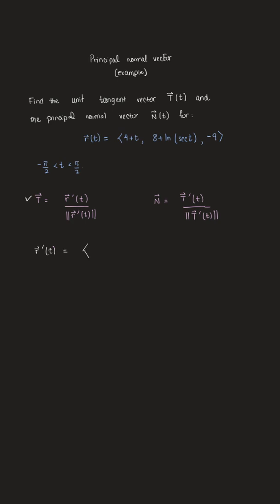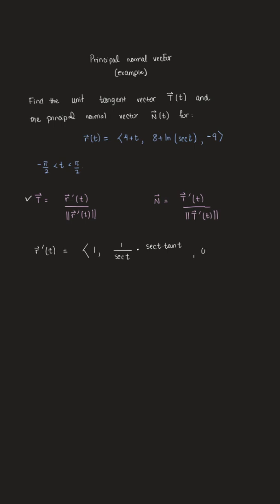The derivative of 4 plus t is just 1. This is with respect to t. For our second component, the derivative of 8 is 0. The derivative of the natural log of secant t is 1 over secant t, and applying the chain rule, we're going to have to multiply by the derivative of secant, which is secant t times tangent t.